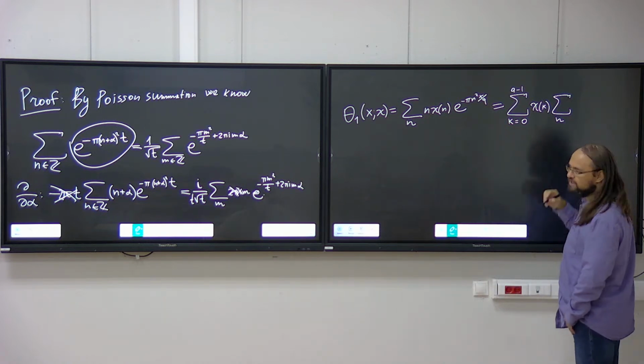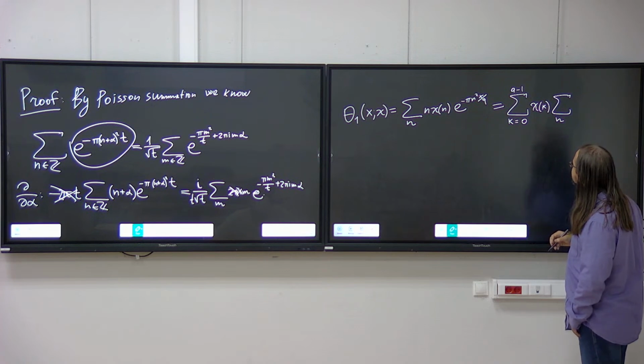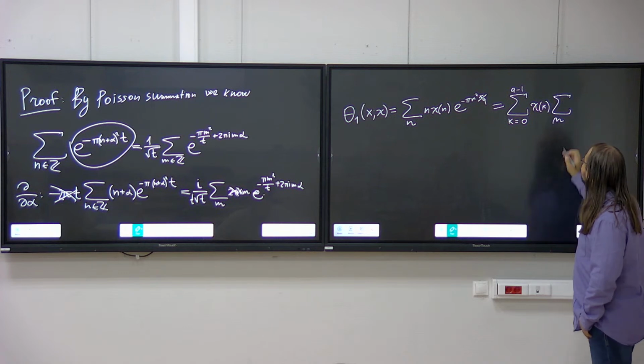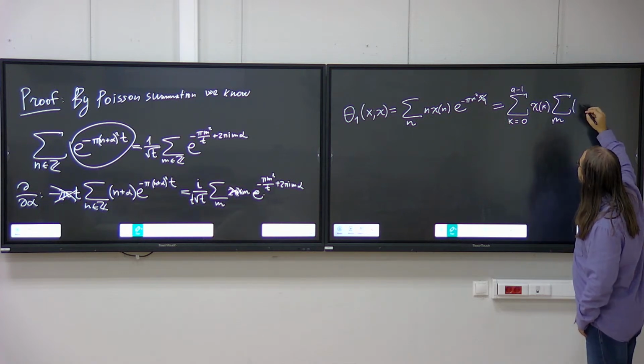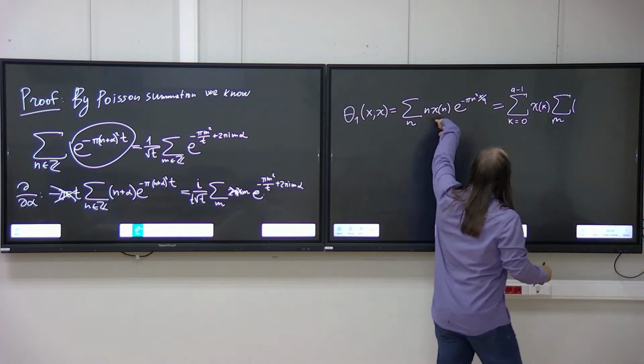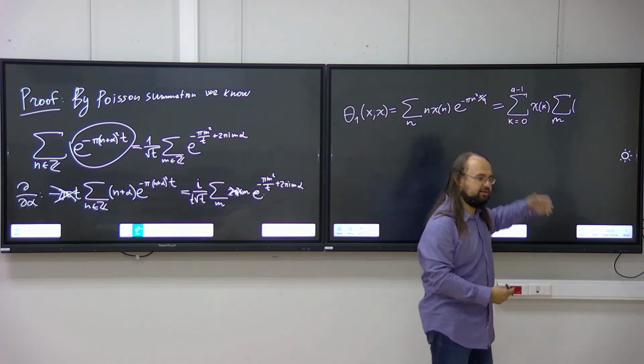Maybe we should call it m? What? M. Like Mikhail. It's not very good, but okay. So m, then you get what? So your n should be congruent to k modulo q, so it is equal to mq plus k.